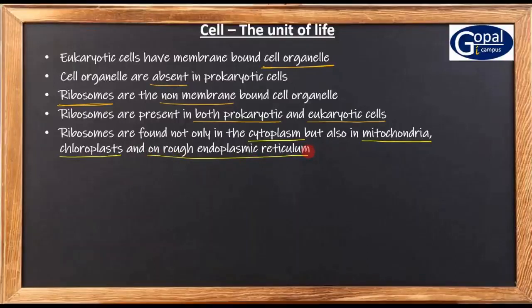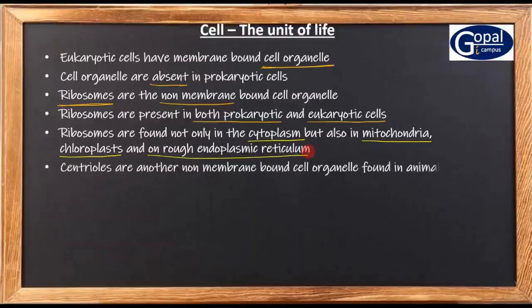Right? But in animal cells, there is one more additional cell organelle which is absent in plant cells. That cell organelle, which is present only in animal cells, is the centrioles.